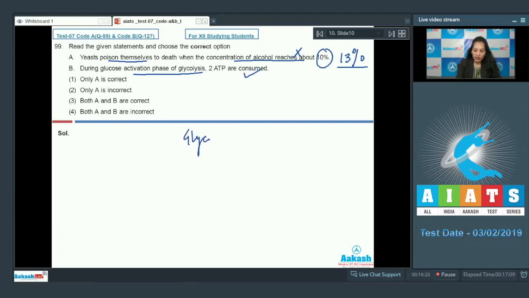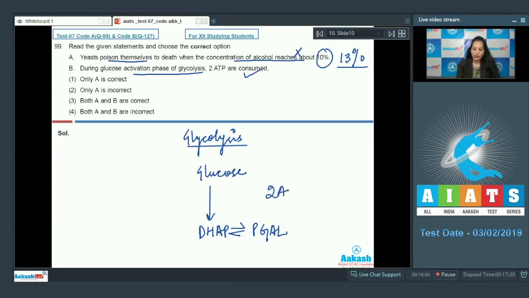When you start glycolysis from glucose up to the formation of DHAP and PGAL, this phase is called preparatory phase or the glucose activation phase of glycolysis, in which 2 ATP molecules are consumed. So this is correct. So the correct option for the given question is option number 2. Let's move on to the next question.